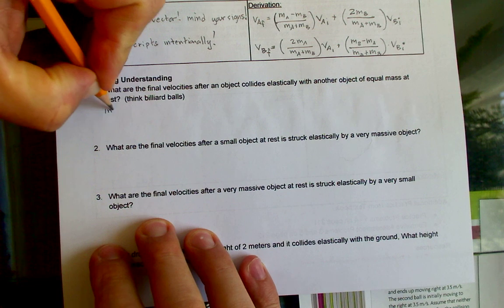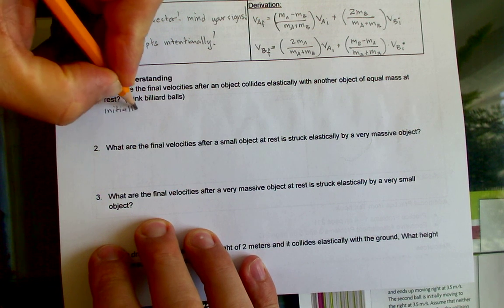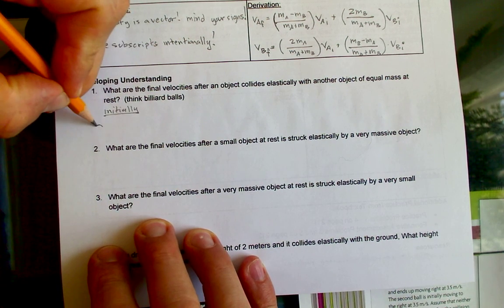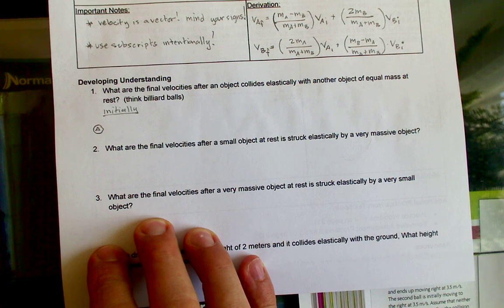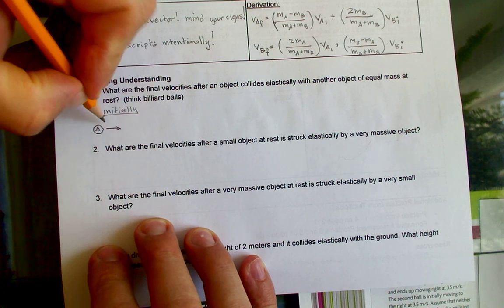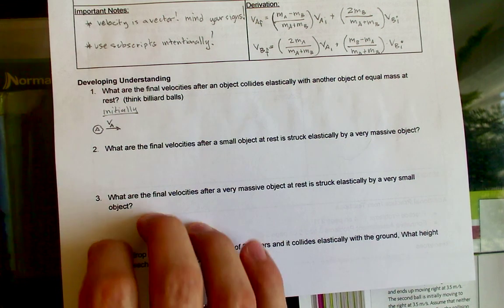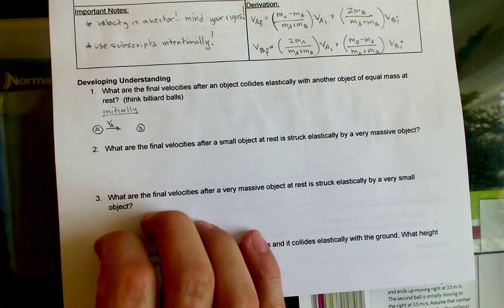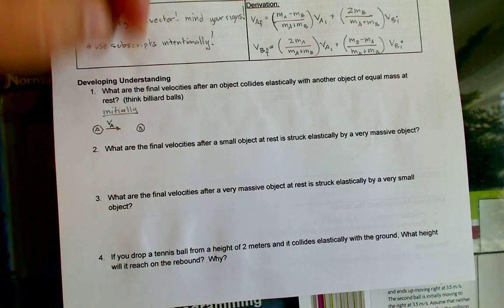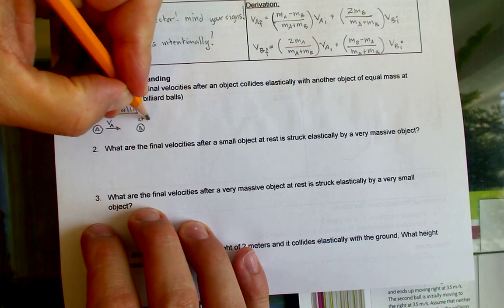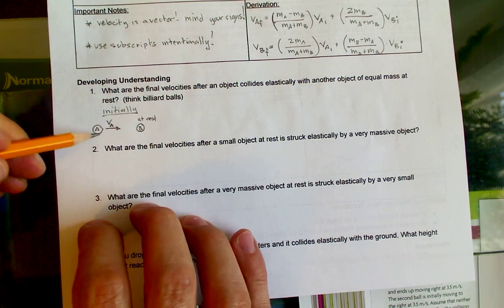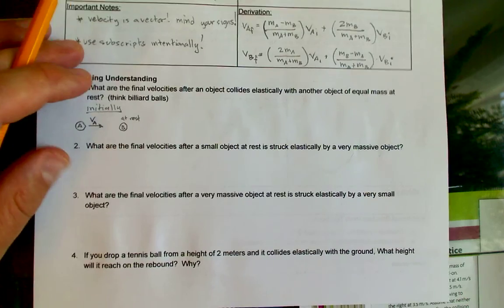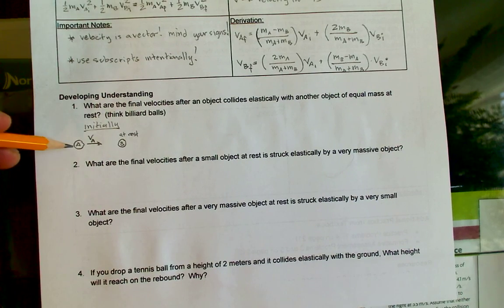Initially, we have an object here, object A, moving with a velocity, which I'll call v sub A, and it's going to collide with object B, which is at rest. And they're the same mass, okay? So let's see what happens after the collision for object A.